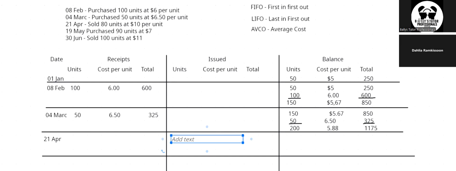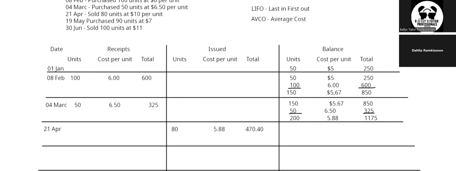So now my balance, because I had 200 in total and I just sold 80, my balance will now be 120. So that's how much I have remaining at $5.88 because that's my latest cost per unit. And I'll multiply that to get my total cost. 120 by $5.88, $705.60.